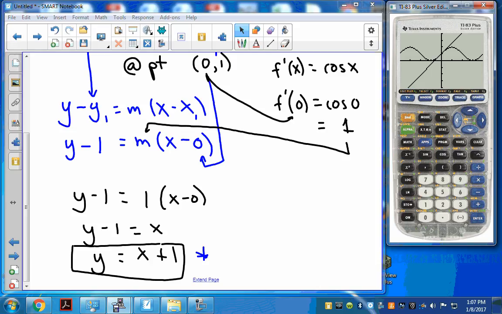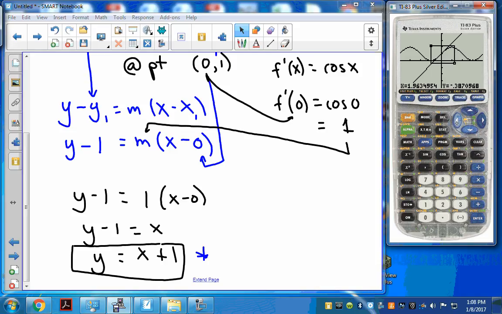zoom box here. Zoom box is one, and you might know how to do zoom box. You just sort of arrow the cursor over, and you place one corner of the box where you want it, let's say right there. And then as I arrow to the right and down, a box is created that's going to the right and then going down. Okay, so I'm just sort of going around our point of tangency here.